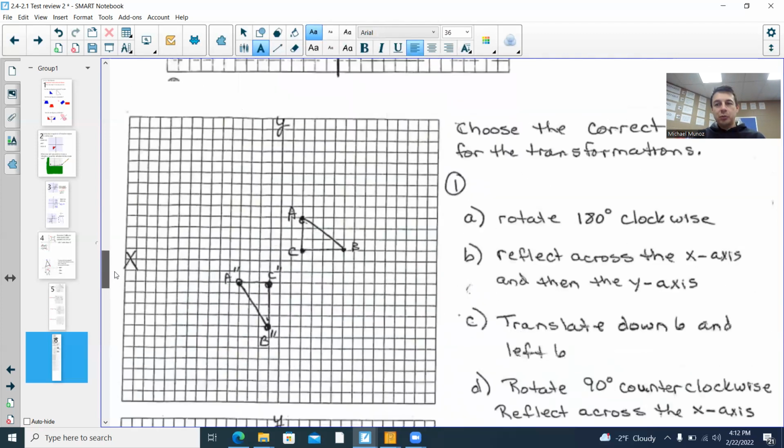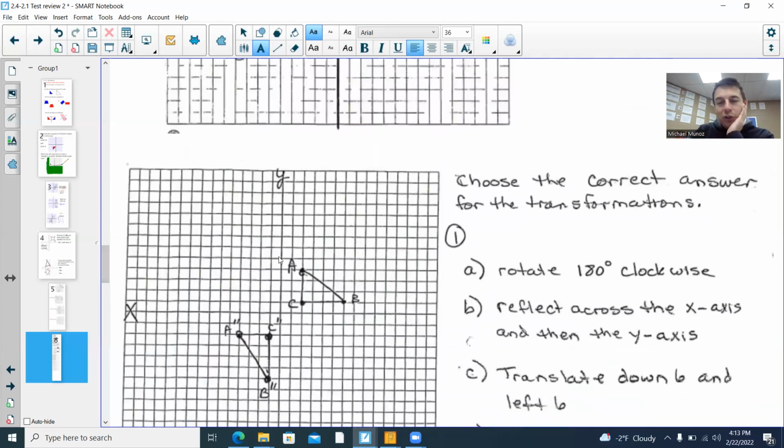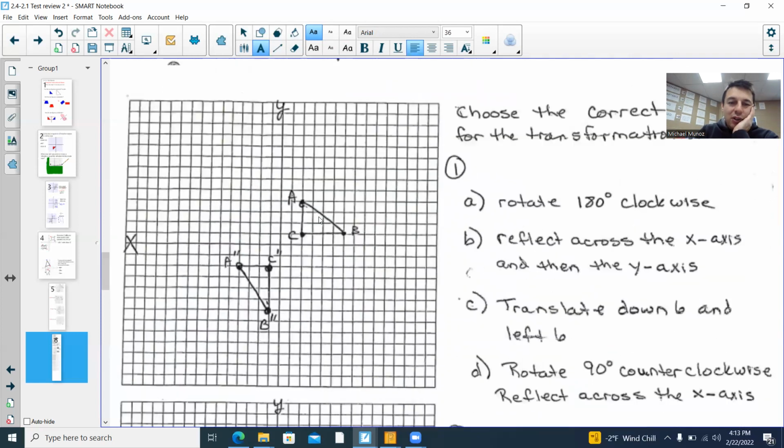Then there's going to be some multiple choice ones, and you just have to choose the correct answer. So this one says, I have these two here, and I have to decide what it does. So did it rotate 180? Well, that sure could be a good possibility, because if I'm starting right here in the top right corner, if I rotate 180, it should be diagonal from it.